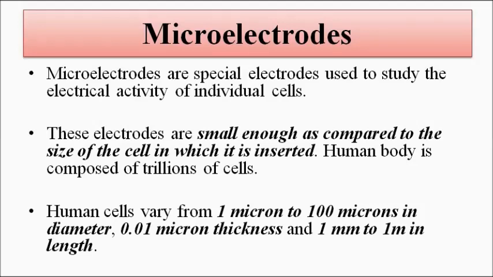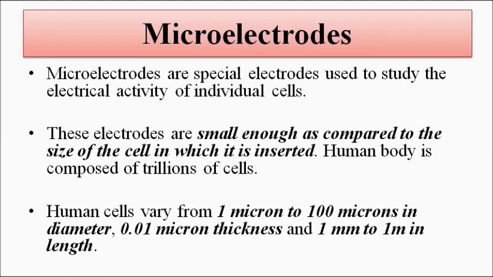So microelectrodes are special electrodes with the important characteristic feature, which is that they are very small, and as compared to the size of the cell or the specific organ of which the biopotential is about to be measured, it is very small as compared to that.